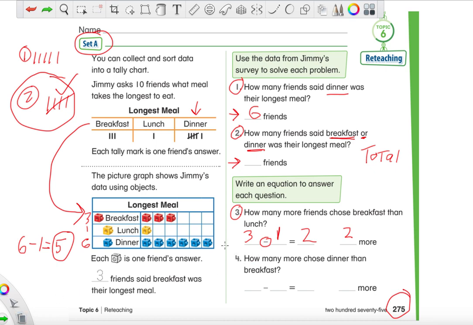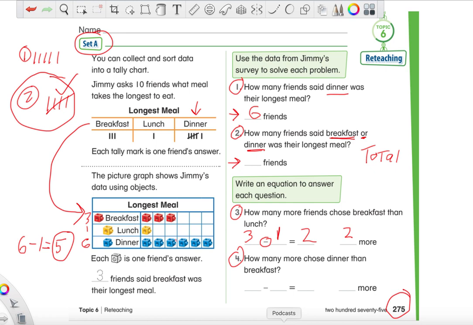Now, number 4, I will not give you guys the answer. So make sure that you try it. Try your hardest to do it the best you can, because I am collecting these workbooks. So number 4 says, how many more chose dinner than breakfast? So now you're comparing the red cubes and the blue cubes. Go ahead and try that one.